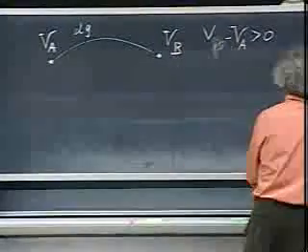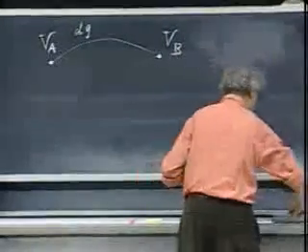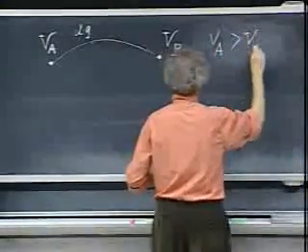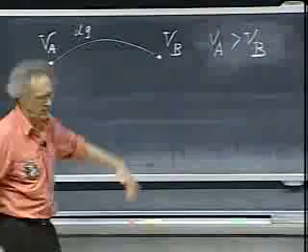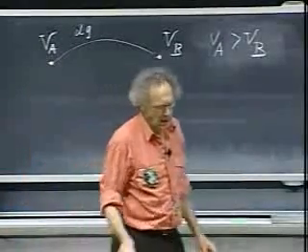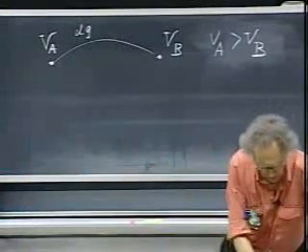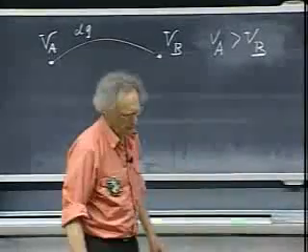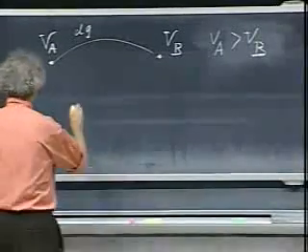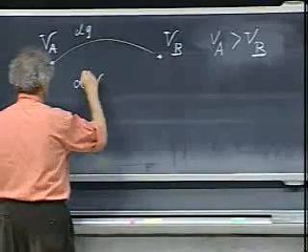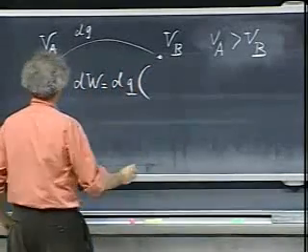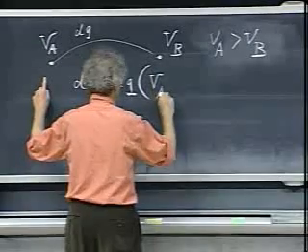That's just a little easier to think in those terms. It's not necessary, of course. So let's make VA larger than VB. So the electric field is from A to B. And I move charge from A to B, then the electric field is doing work. And the work that the electric field is doing, dW, is the charge times the potential difference, which is VA minus VB.